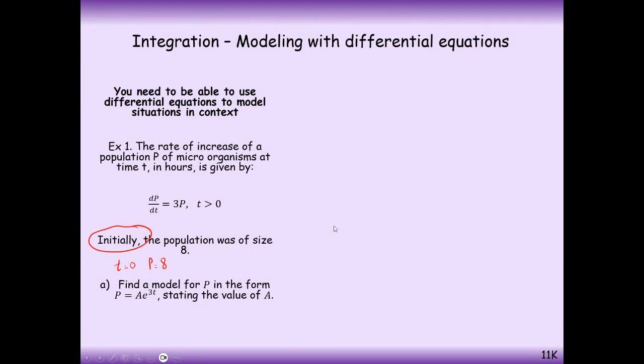Where do we start here? We start with this formula, and we are going to separate the variables as we would in previous examples. That means multiplying by dt. What we will have on the right is dt, and on the left we will have 1 over p.